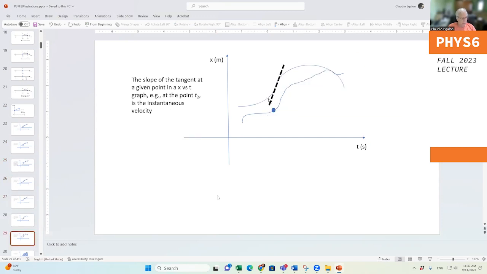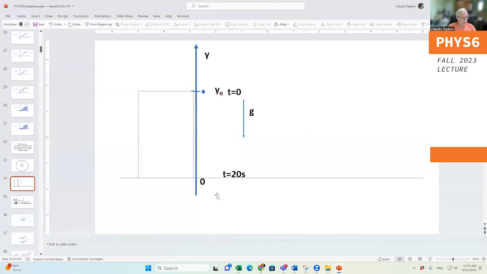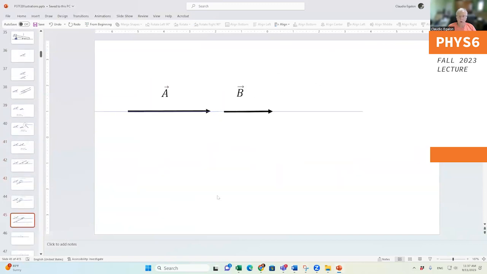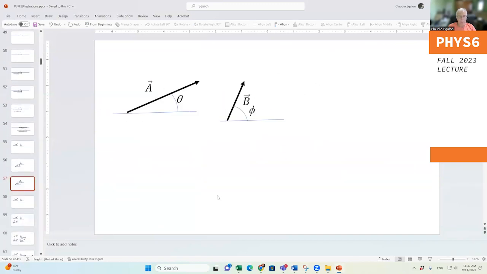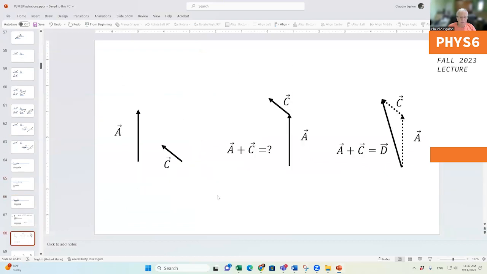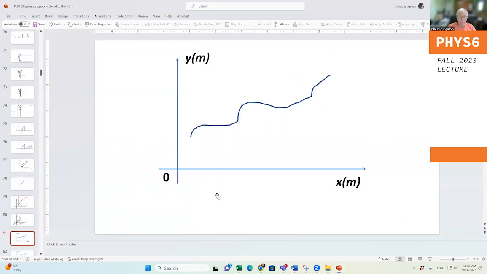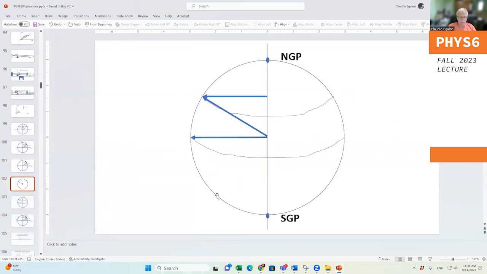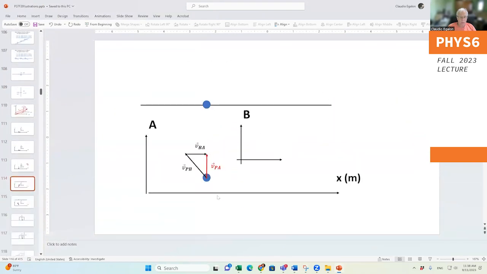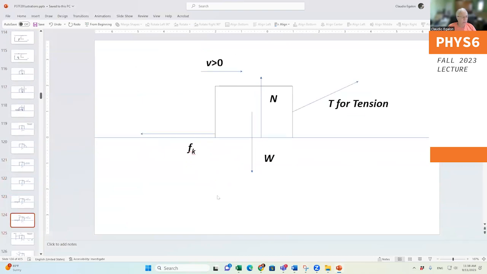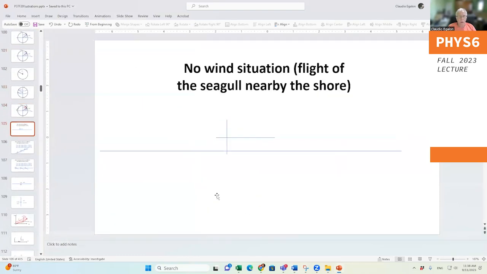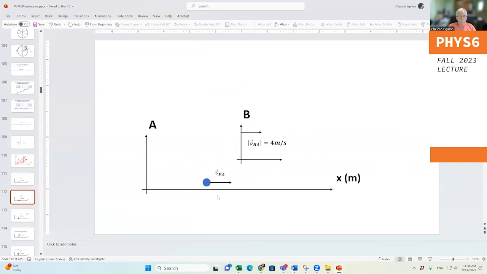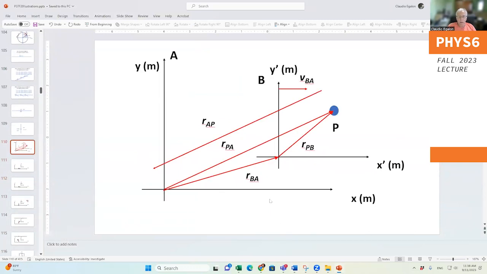If you were to represent a straight line, let's see if I have it here. I don't have it. What a shame. That's vectors. I have to do that from scratch.